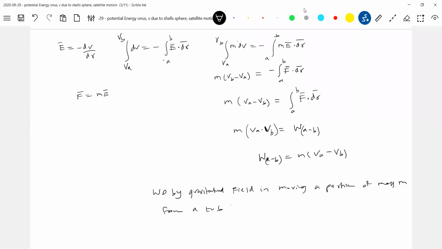And what is that? m into potential difference, VA minus VB, is equal to product of mass and potential difference between those 2 points. Later, as you go to the problems, this approach will help you a lot.